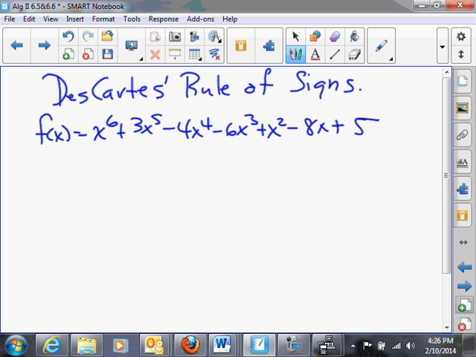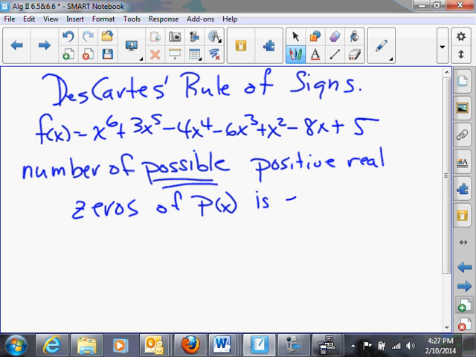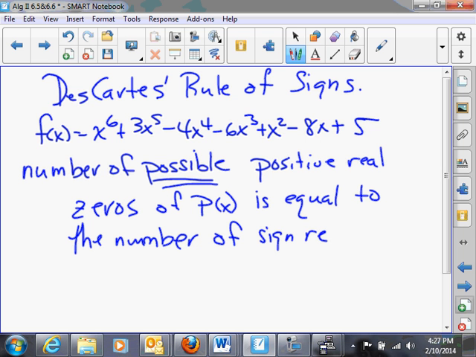Okay, now, René Descartes' rule of signs says the number of possible, and I want to emphasize possible here, the number of possible positive real zeros of P of x is equal to the number of sign reversals in P of x when, of course, P of x is stated in standard form.